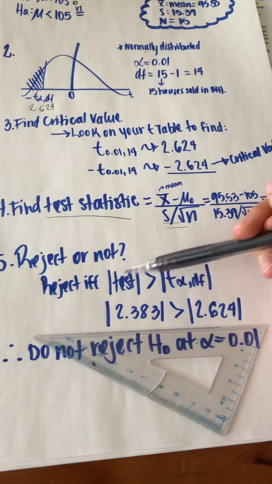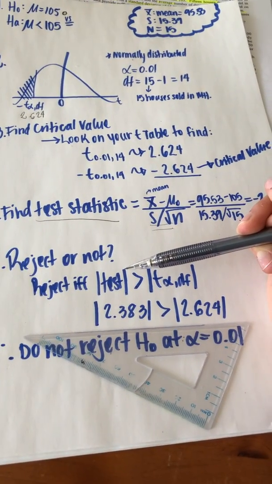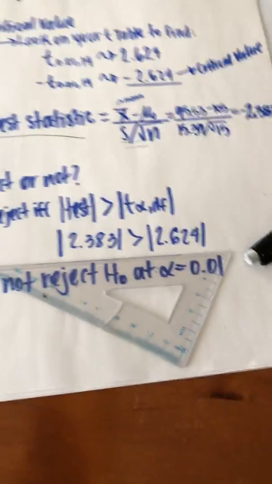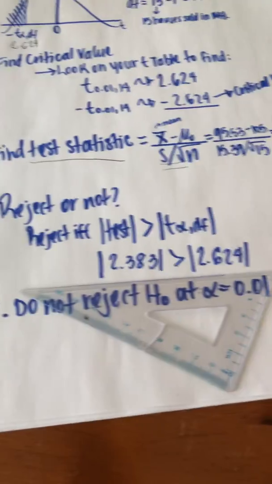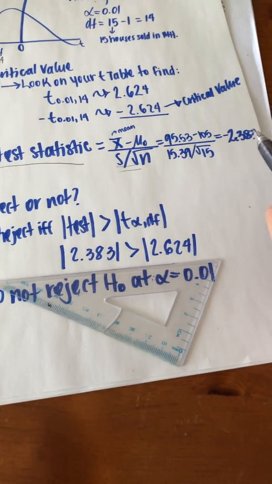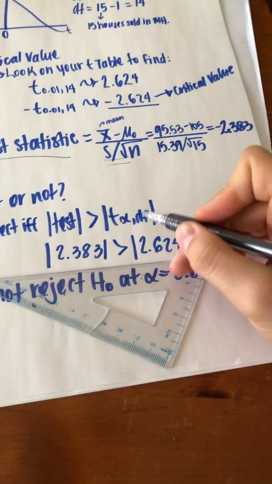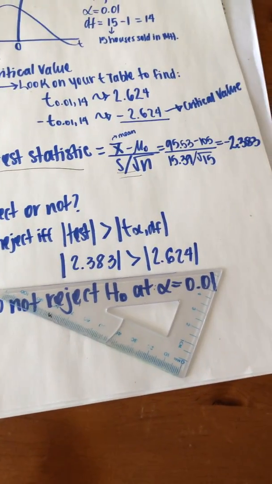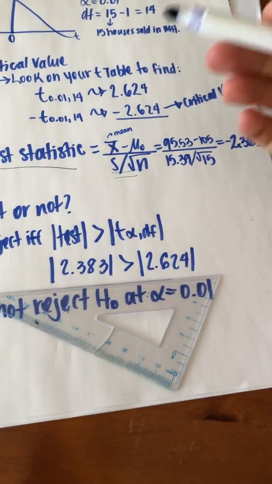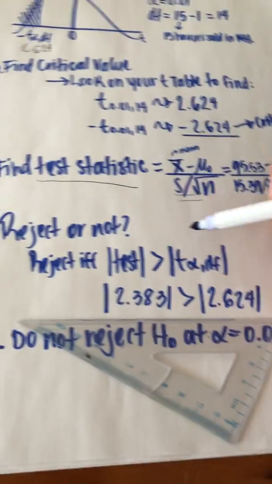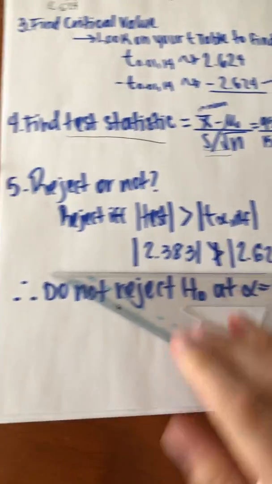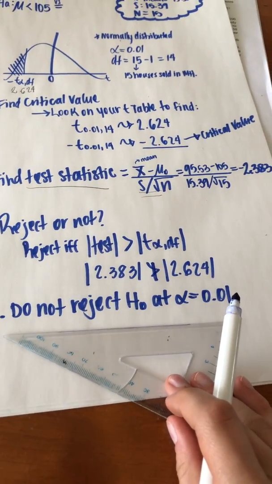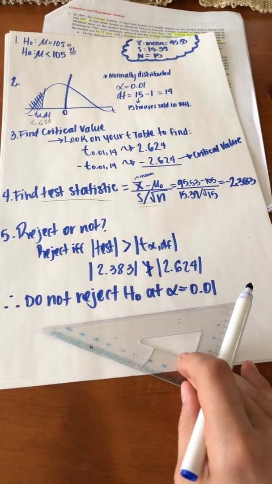And remember to always put your brackets, and by putting our brackets, we're gonna always take the positive number, and in this case we have 2.383 is greater than 2.624. So we don't take the negative value, we take its absolute value, and in this case it is not greater. Thus, we do not reject H0 at a level of significance of 0.01.